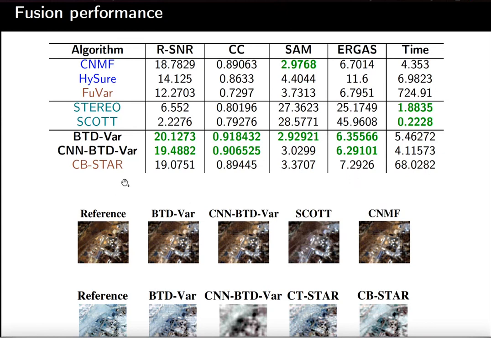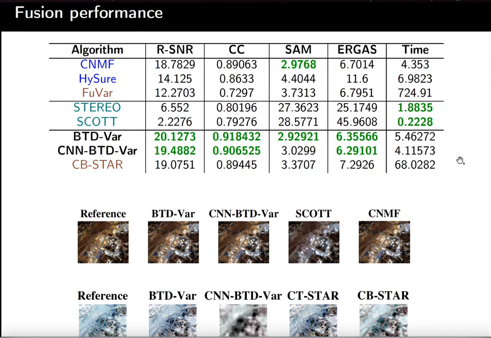They are followed by some matrix approaches and also by CB*, which is a tensor approach that accounts for variability. Note that the two tensor approaches that I consider do not account for variability at all, hence they give the worst reconstruction metrics in this table.